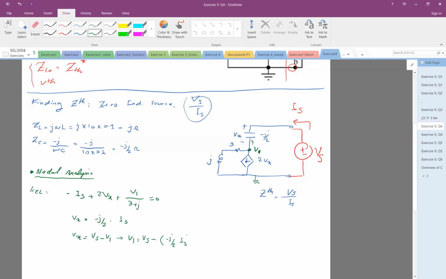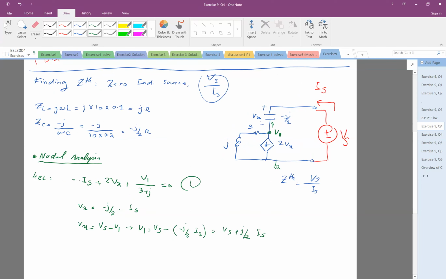Very good. So as you see, in equation 1, I have found Vx in terms of Is, and also V1 in terms of Vs and Is. Therefore, if I replace these two in this equation, everything will be in terms of Vs and Is.